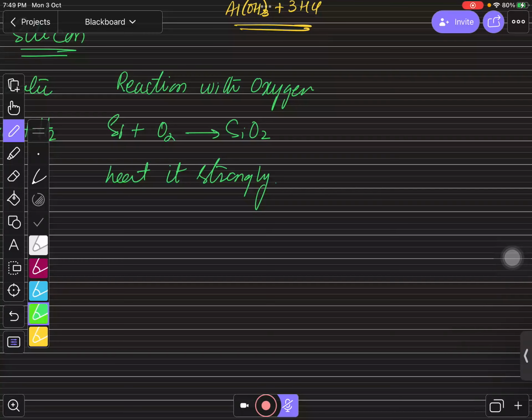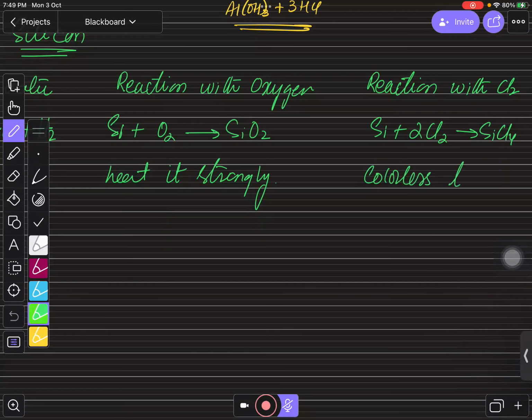And then if you talk about reaction with chlorine or reaction with halogens, we can write a reaction with chlorine over here. If we react with chlorine, silicon can react with 2 molecules of chlorine to form SiCl4, which is actually a colorless liquid.